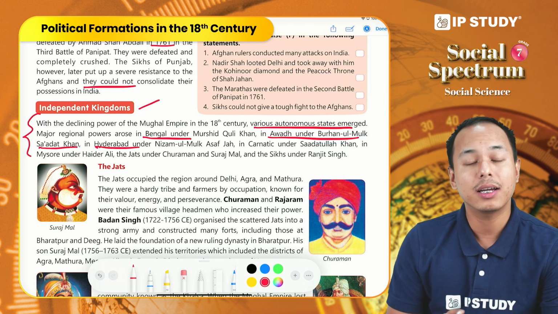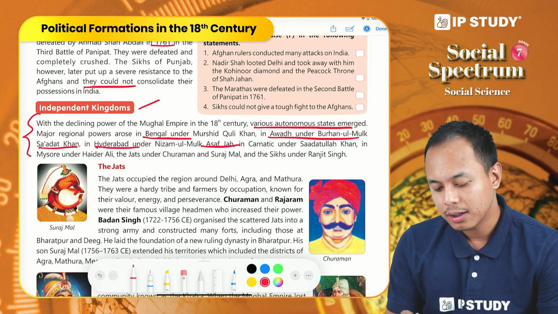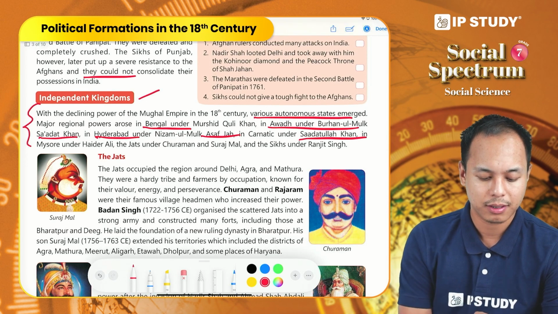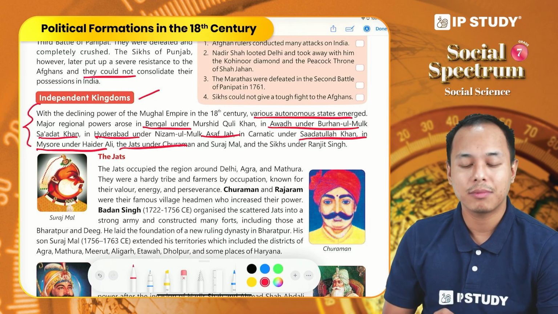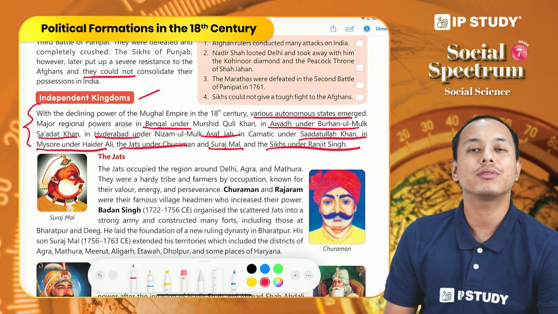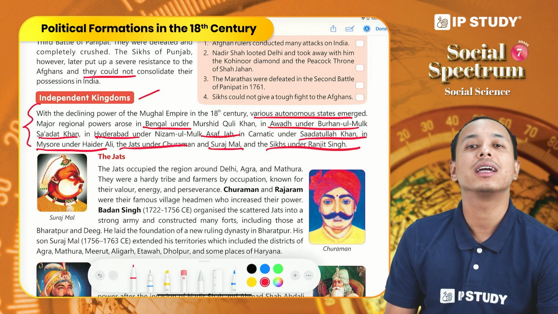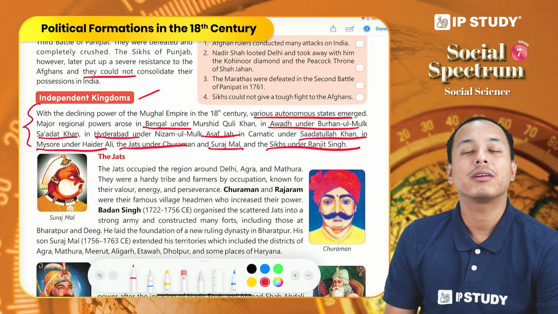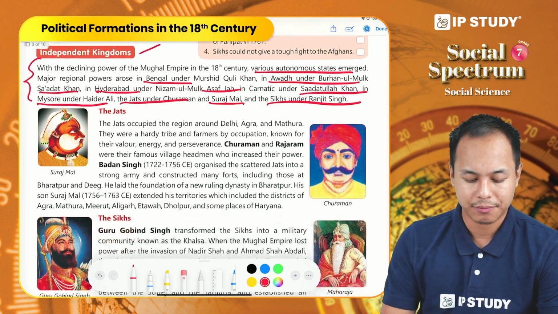In Hyderabad, Nizamul Mulk Asaf Jah. In Carnatic, Saadullah Khan. Hyder Ali in Mysore. Jats under Churaman and Surajmal. Sikhs under Ranjit Singh. These were different autonomous powers that slowly emerged and became powerful while the Mughal Empire was declining.